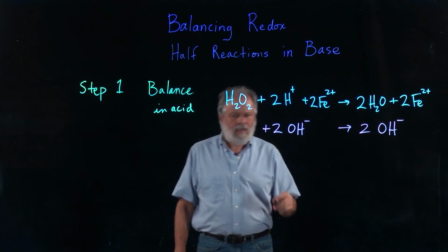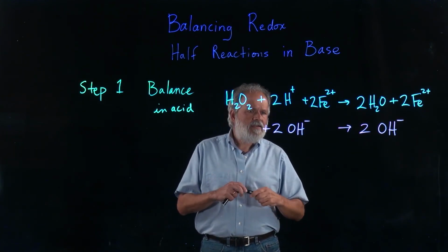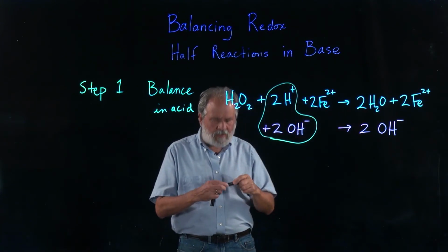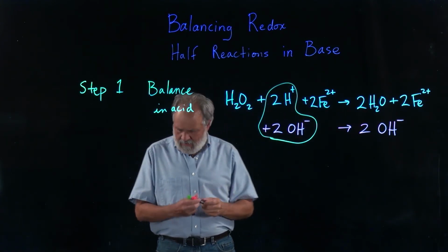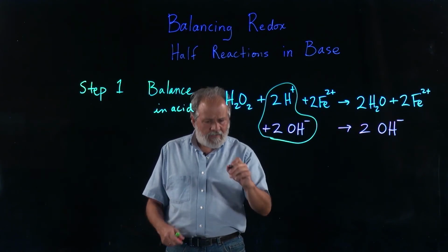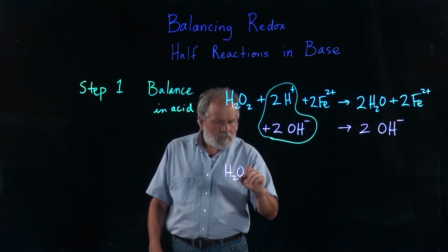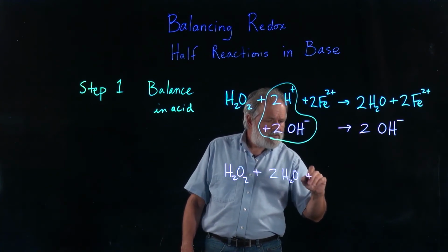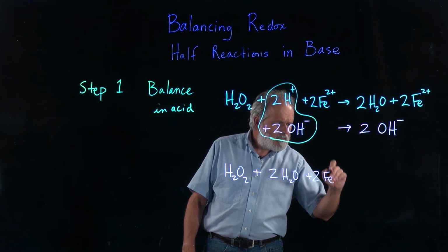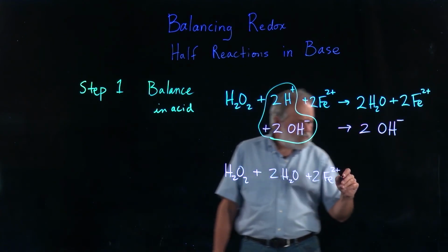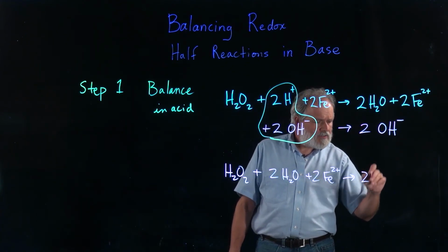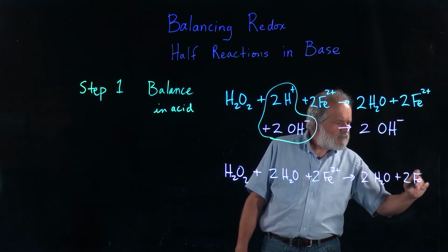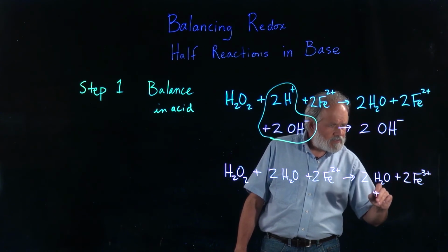Now these 2 react to give me water. After that is done, you have H2O2 plus 2 waters plus 2 irons, iron 2s, goes to 2 waters plus 2 iron 3s plus 2 hydroxides.